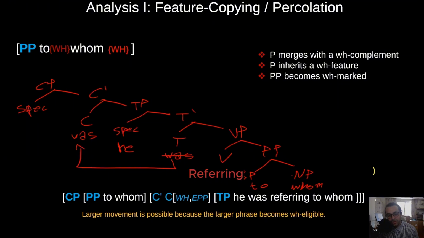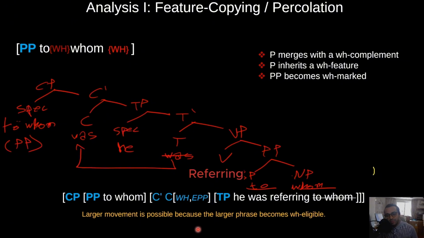It used to be just "whom," but because P merges with a WH complement, P inherits the WH feature, and PP becomes WH marked, the whole thing now moves. So "to whom," both of them will move, and what moved here actually is the whole prepositional phrase. So this is how pied piping happens, and this is how we can draw a tree diagram for pied piped sentences. So larger movement is possible because the larger phrase becomes WH eligible.